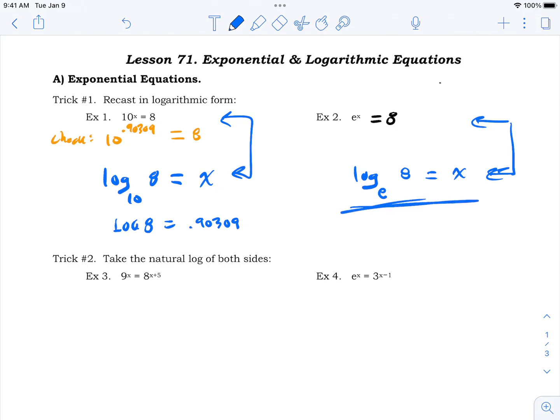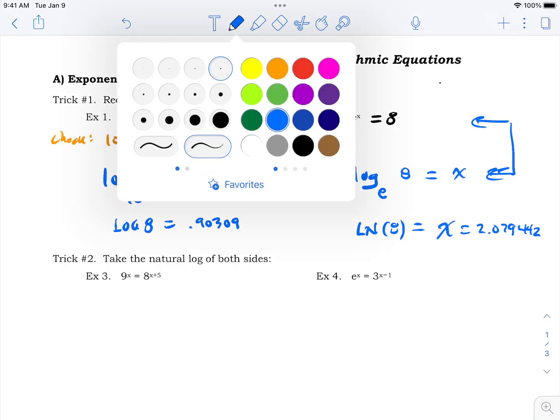But what's handy dandy about this form is we have a log base e button on our calculator. It probably has a capital ln on it. So ln of 8, and the ln of 8 is just about 2.079442, something like that. So we solved it just by recasting as a logarithm.